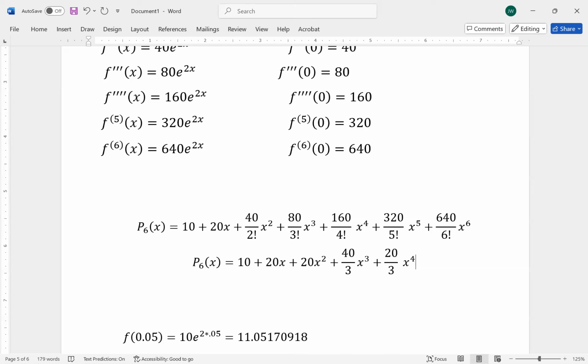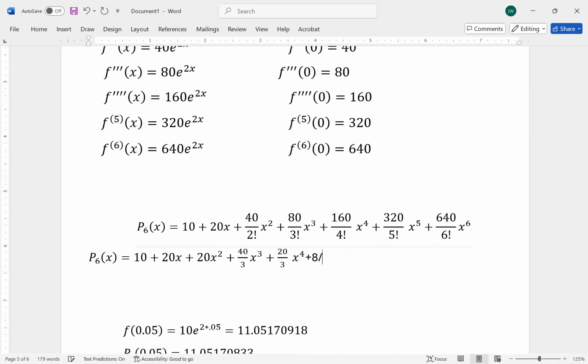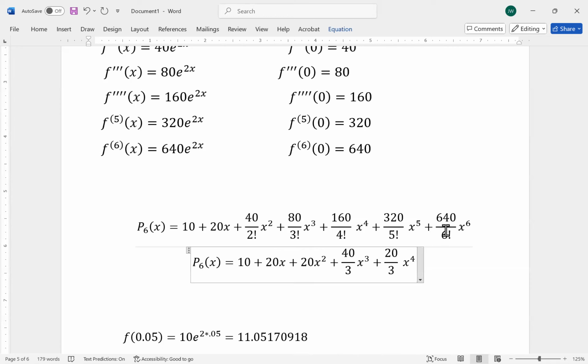Five factorial is 120, excuse me, if I didn't say that. That gives you 8/3. So we get 8/3 x to the fifth.